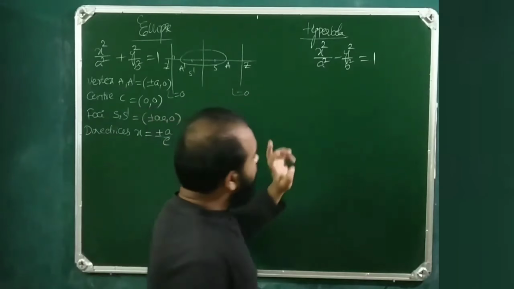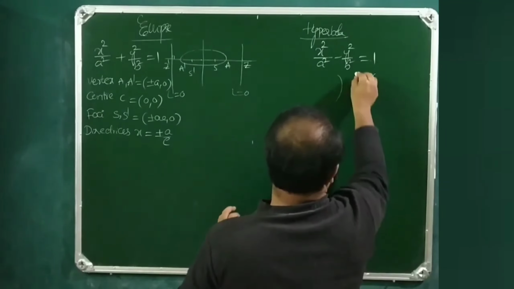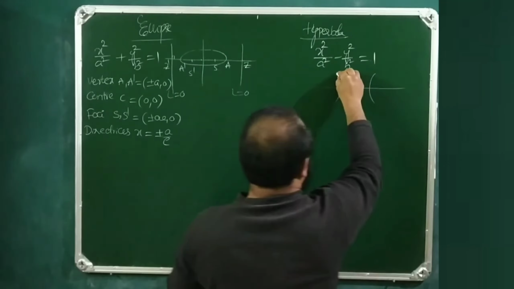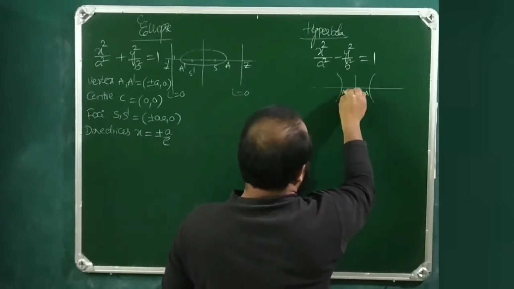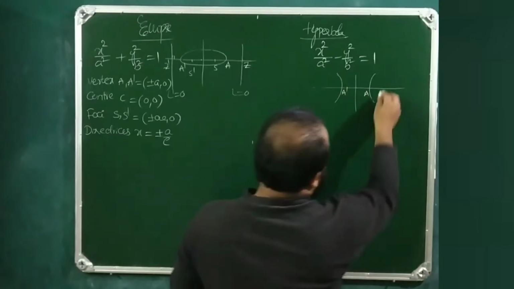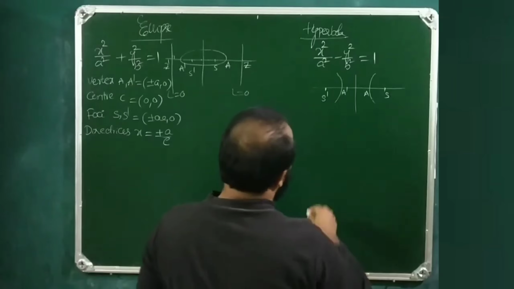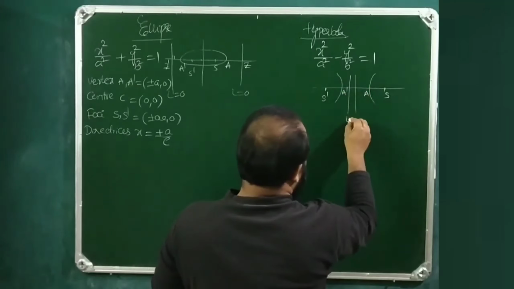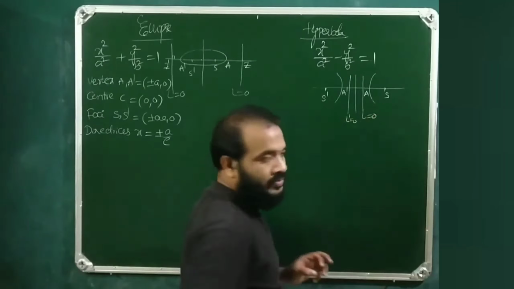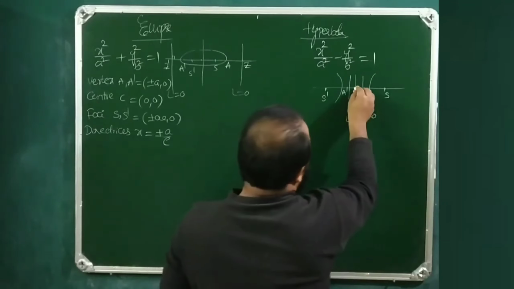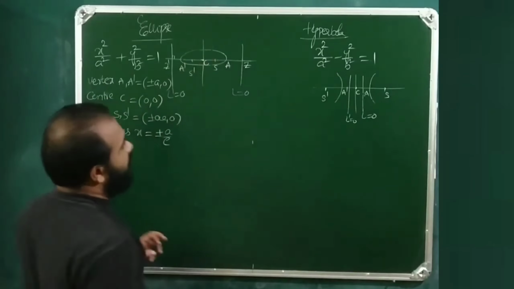So the diagram for this is this. A, A dash are the vertices, S, S dash are the foci, L dash equals to 0 and L equals to 0 are the directrices, and C being the center. Here this C is the center.